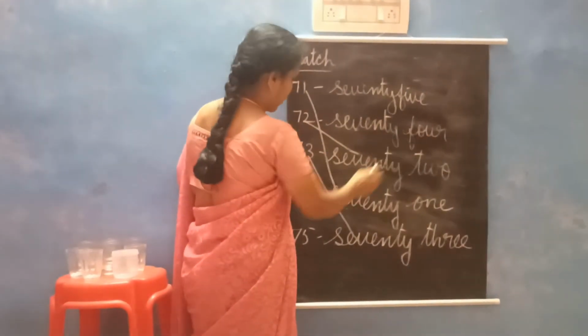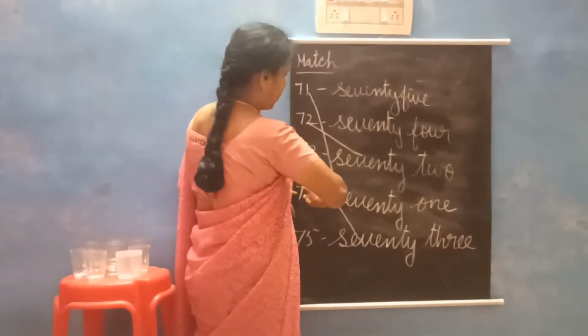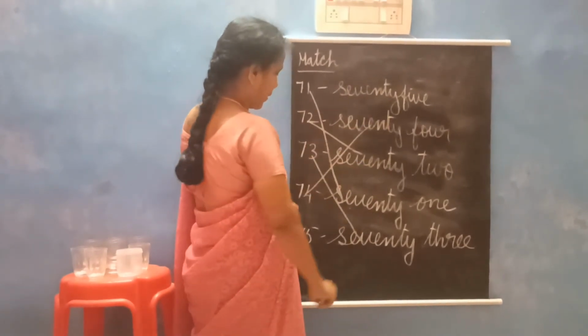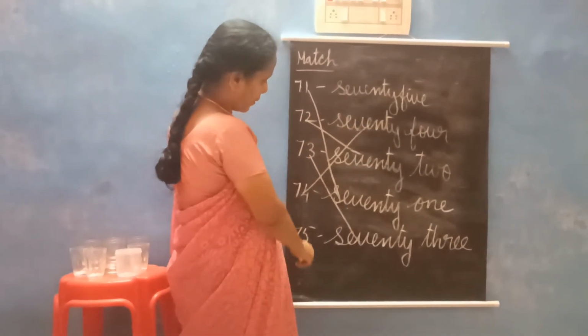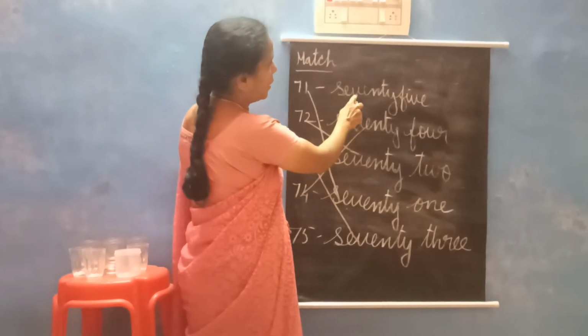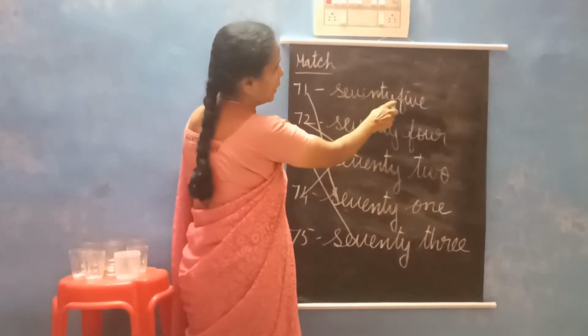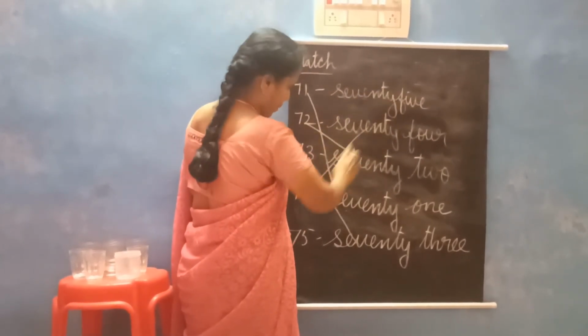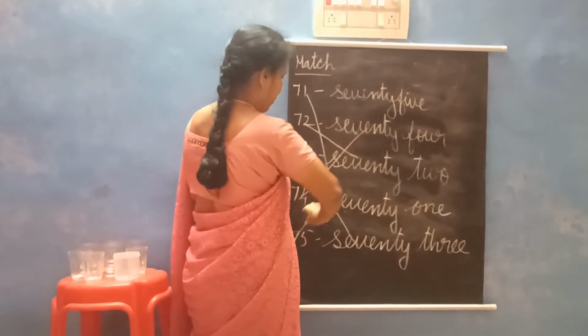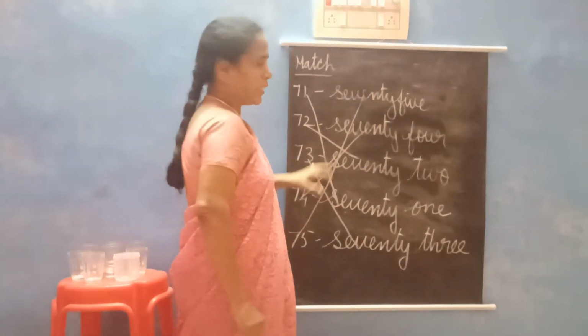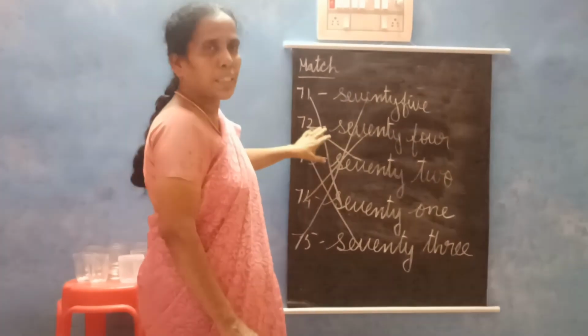FOUR 74. From here to there you have to draw one line. The next, 75. SEVENTY 75. FIVE, 5. From here to there we have to draw one line. Okay, like this you have to match the number and number names.